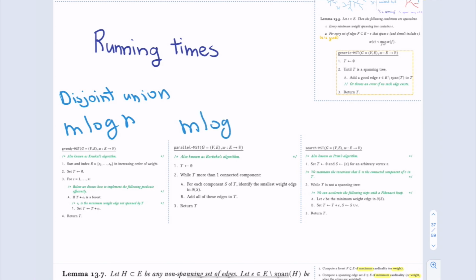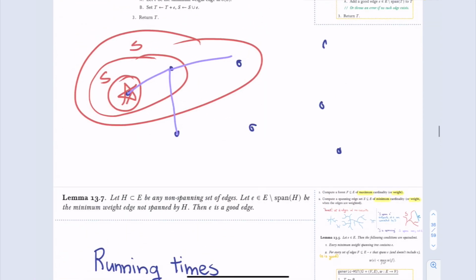Lastly, when you did the search algorithm where you're crawling out and gradually adding, you need to figure out the next best edge, the next nearest neighbor to add. You can do this with a Fibonacci heap, in the exact same fashion as Dijkstra's algorithm.